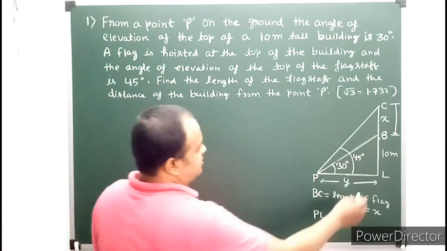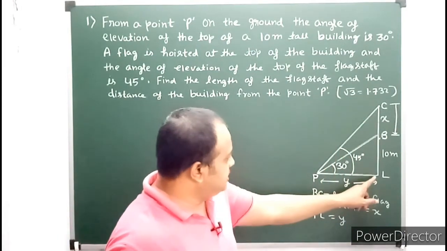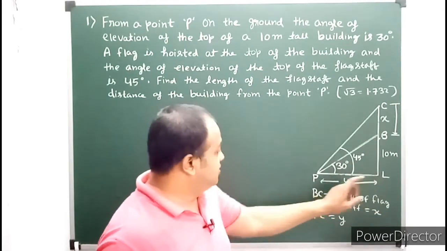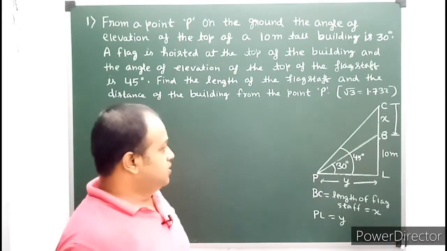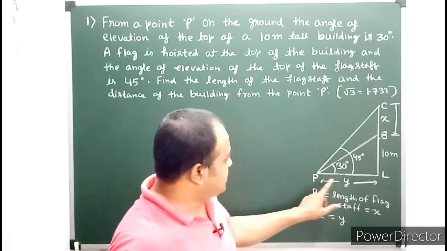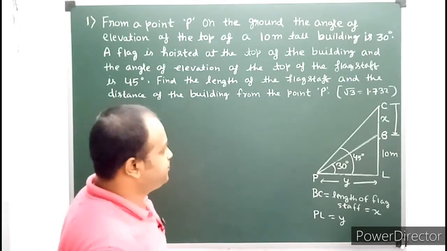We have to find the height of the flagstaff and the distance of the foot of the building, that is L, from the point P. So let us assume BC as x and PL as y, whose values we have to find.